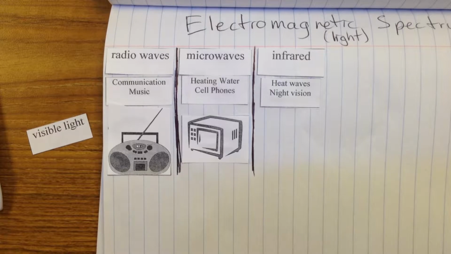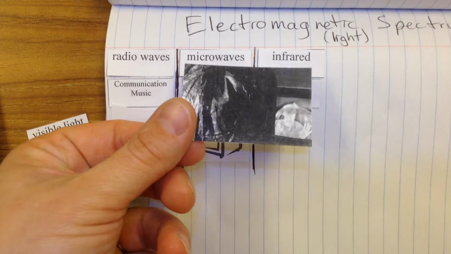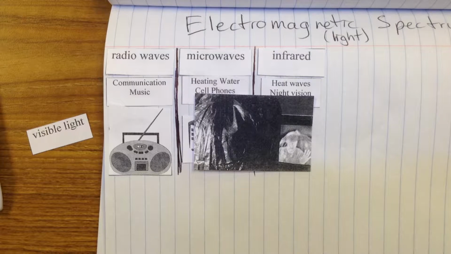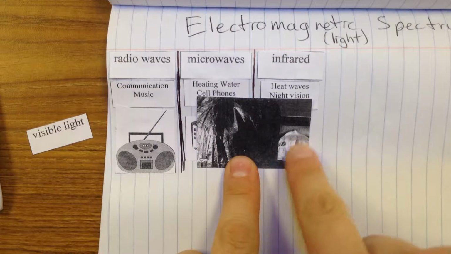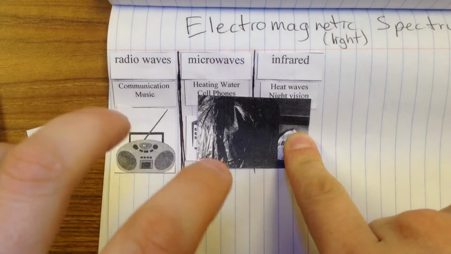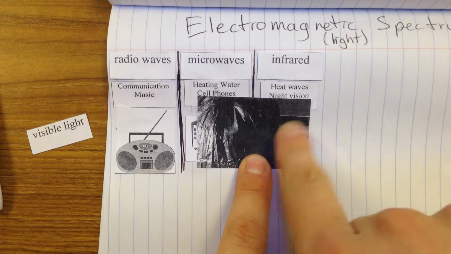So, the picture I've chosen is this one, which you probably can't tell what it is until I explain it to you. Don't glue it in yet, but what you have there is a trash bag pulled over a guy. Off to the side, there's an infrared camera being pointed at the guy under the trash bag, and this is what you see on a computer screen next to him.